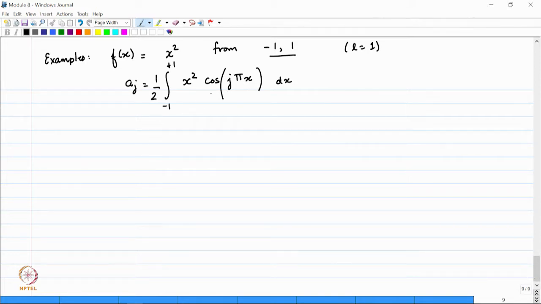So, the question is, can you do this integral? Now, can you do this for an arbitrary value of j? Now, if you want to do for an arbitrary value of j, what you will say is that you will integrate this by parts.